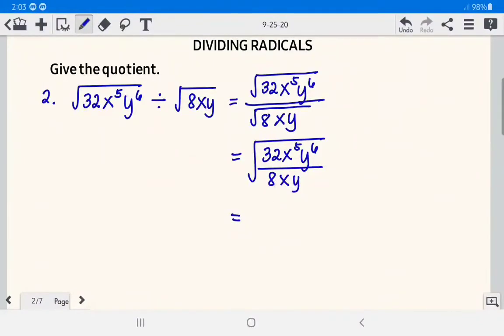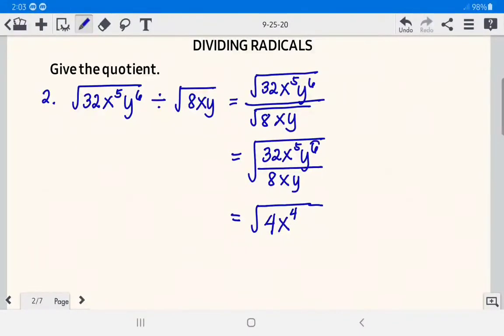Now, let us divide 32 divided by 8. We have 4. Then x raised to the 5th power over x raised to the 1st power. So, what you are going to do is just subtract 5 minus 1. We have 4. Here we have x raised to the 4th power.